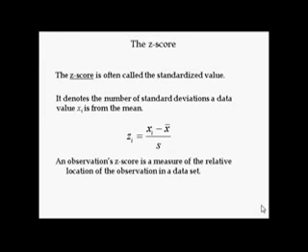An observation's z-score is a measure of the relative location of the observation in the data set. If you're looking at two variables, say personal income and age, the deviations from the mean cannot be compared because they are in units of dollars and years, respectively. Suppose your annual personal income and age are $8,455 and 19 years.